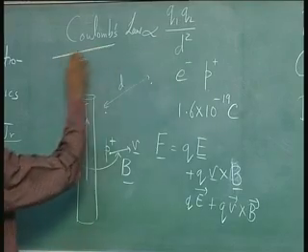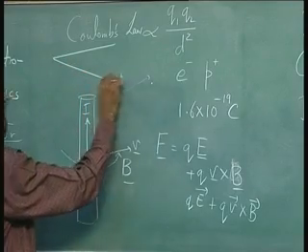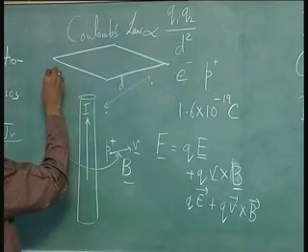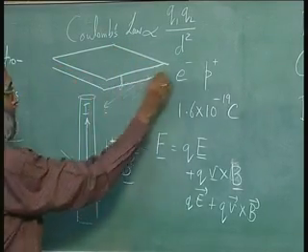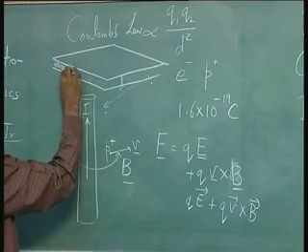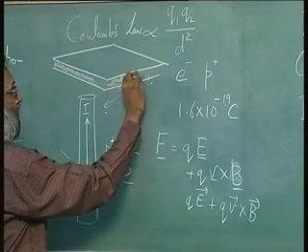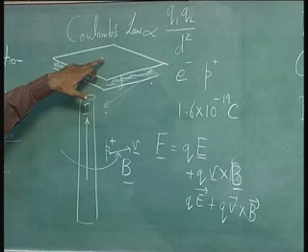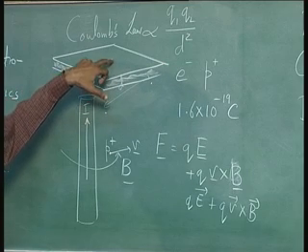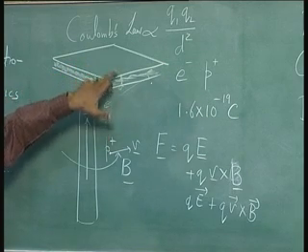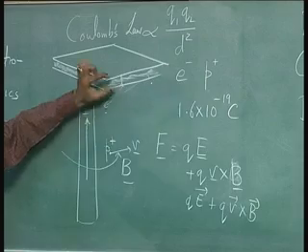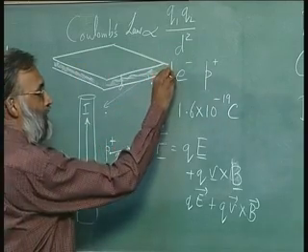Symbolically, we draw them like this. So, you have aluminum, silver, copper plates which are separated by a very small distance.